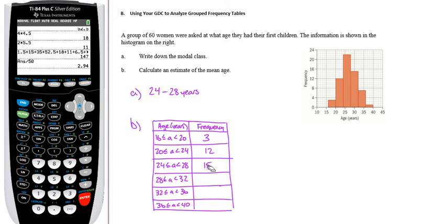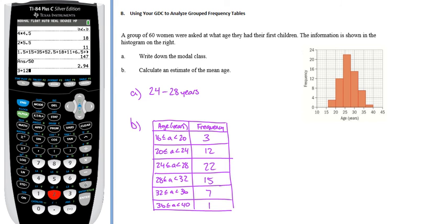Oops, sorry, 24 to 28 is about 22, and then 15. 32 to 36, I would say, is 7, and then 36 to 40 is 1. So I'm just going to make sure these add up to 60. So 3 plus 12 plus 22 plus 15 plus 7 plus 1. That makes me feel confident that I read the frequencies right off the histogram.